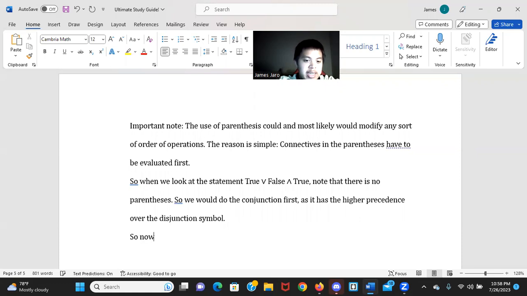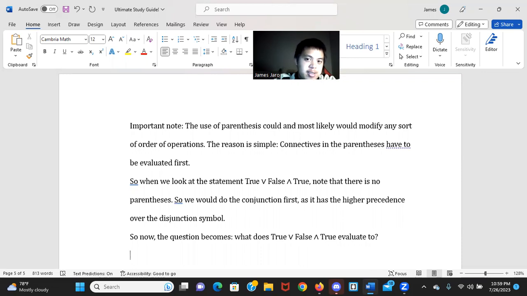So now the question becomes, what is true or false? What does true ∧ false ∨ false, my goodness, true ∨ false ∧ true refer to or evaluate to?